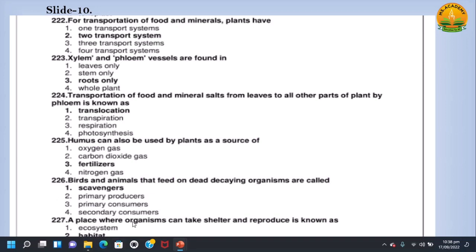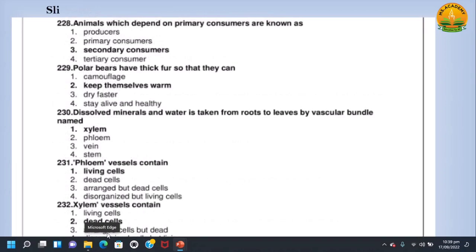A place where organism can take shelter and reproduce is known as, right option is 2, habitat. Animal which depend on primary consumers are known as, right option is 3, secondary consumers. Polar bear have thick fur so that they can, right option is 2, keep themselves warm.